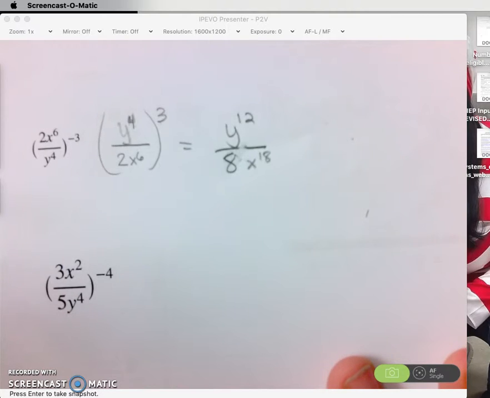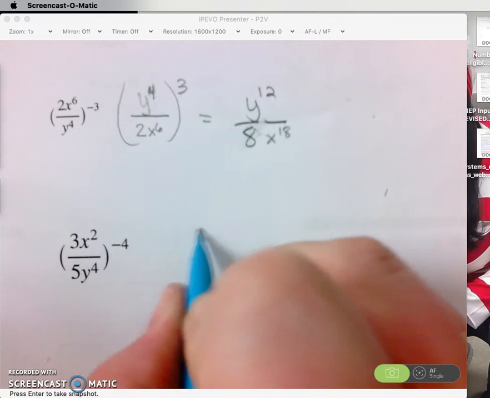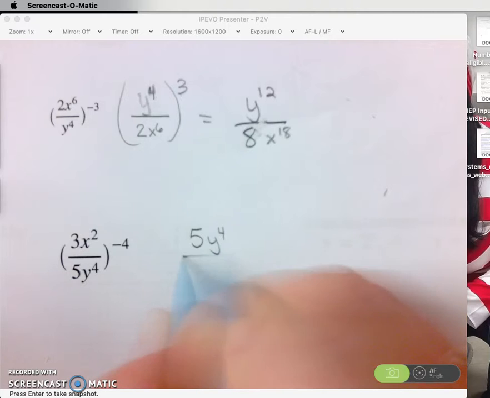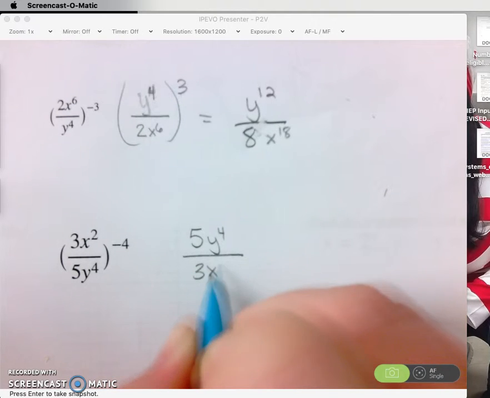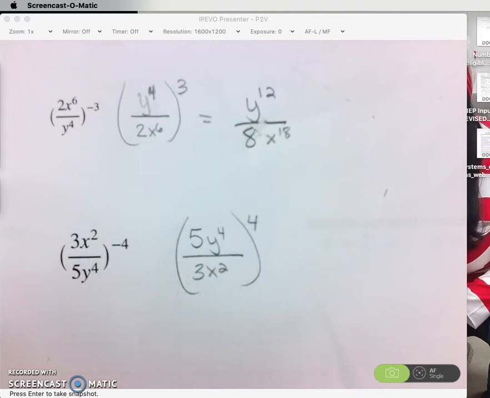Okay, last one, maybe a little more complex one. Flip it: y to the fourth over 3x to the second, all raised to the fourth power.